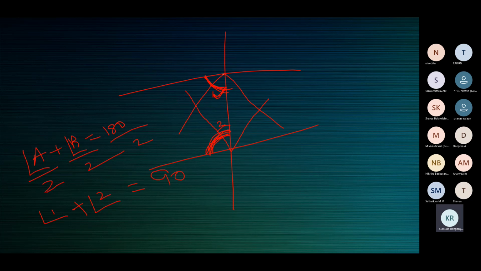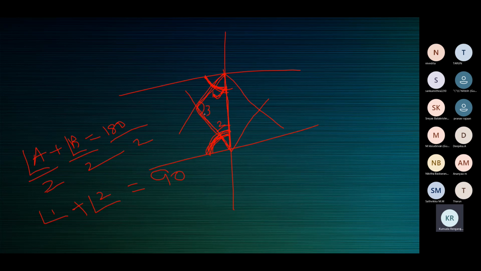Now this one is a triangle. And this is the third angle. Let me call this angle 3. In this triangle, we have 3 angles, angle 1, 2, and 3. And 1 plus 2 is 90.